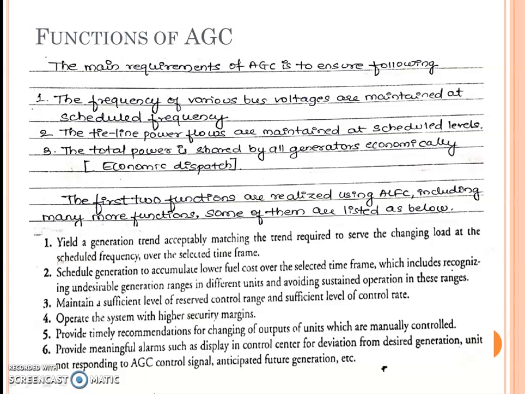Fifth is to provide timely recommendations for changing the output of units which are manually controlled. The last function of the AGC is to provide meaningful alarms, such as displays in the control centers, for deviation of the desired generation, units not responding to the AGC control signals, anticipated future generations, and the parameters related to the generation systems. So these are the functions of the automatic generation control.